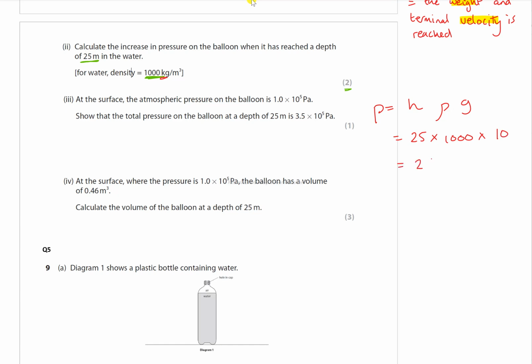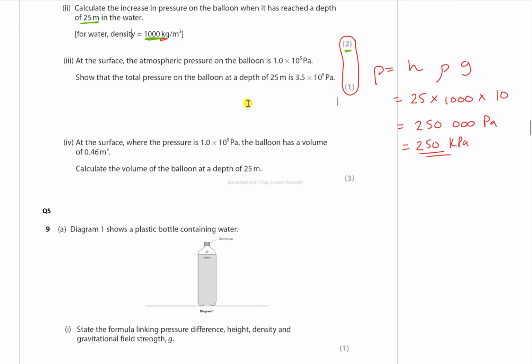And the answer is 250,000 pascals, or 250 kilopascals, however they want it. Right, so look, these are quite easy marks. This is why in physics, if your maths is up to speed and you can substitute and manipulate or change formulas, you're alright.